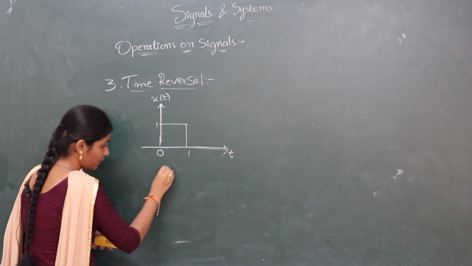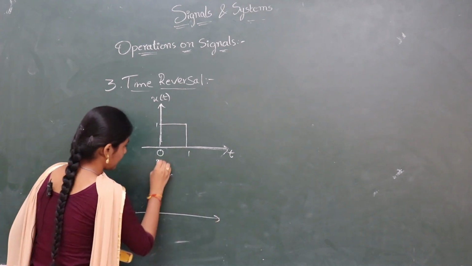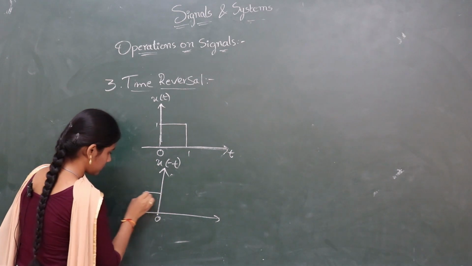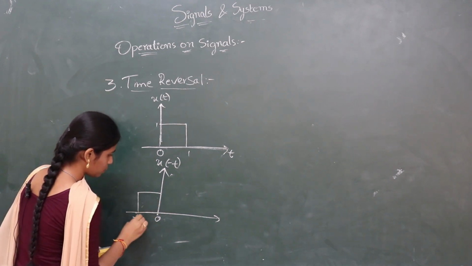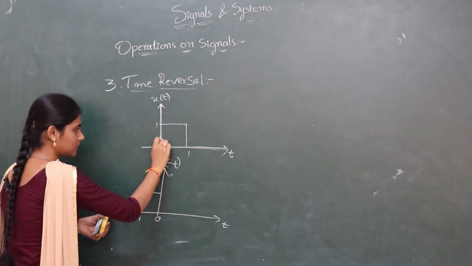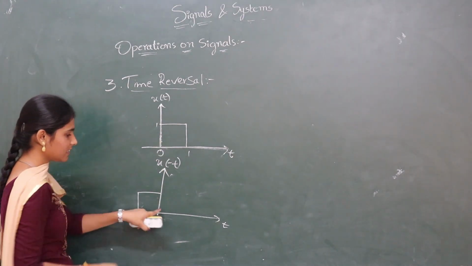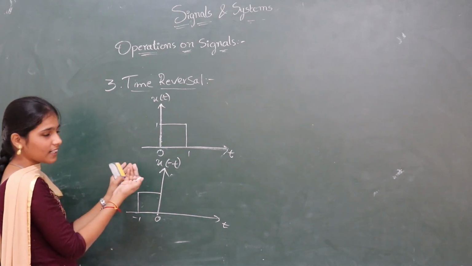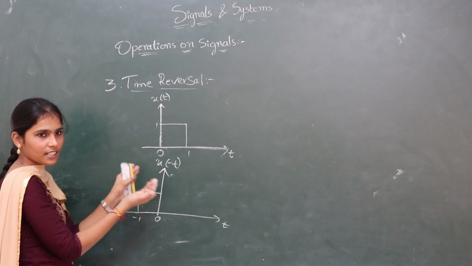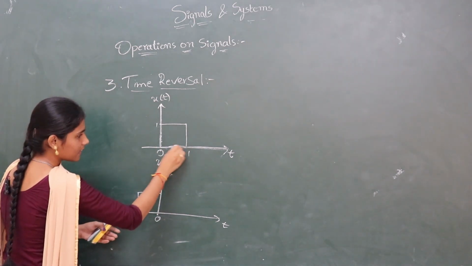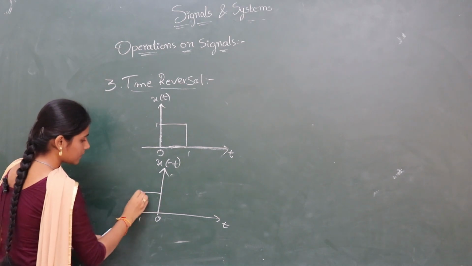The time reversal of x of t is x of minus t. The origin remains as it is, but the signal is folded, which we can understand better as a mirror effect. The signal is folded, the origin remains constant, and the right side of the signal comes to the left side.